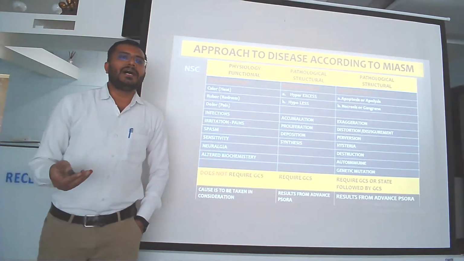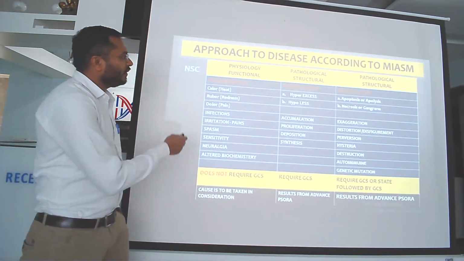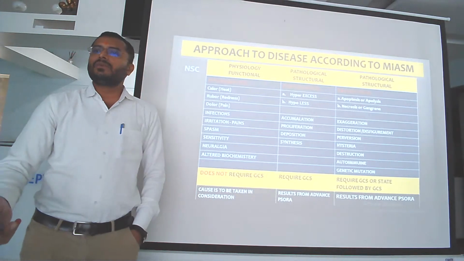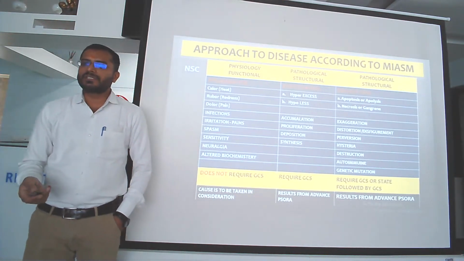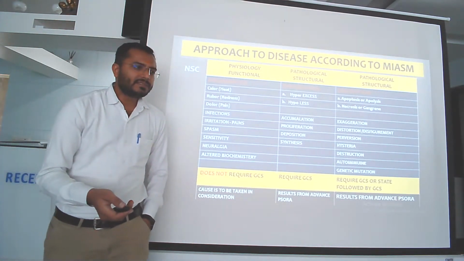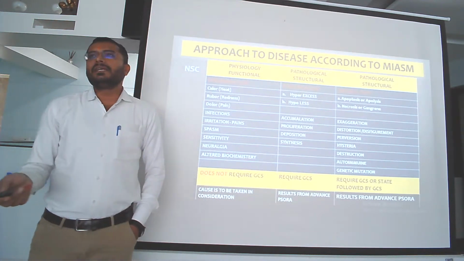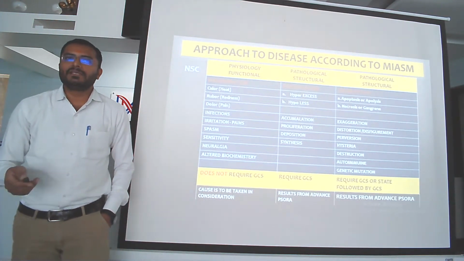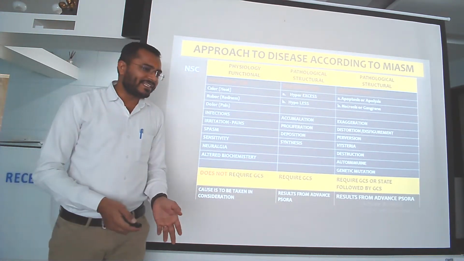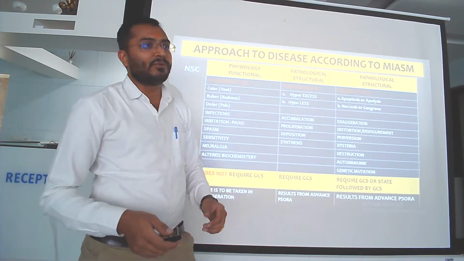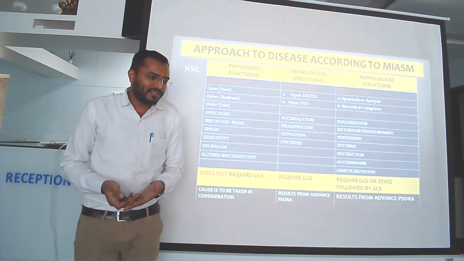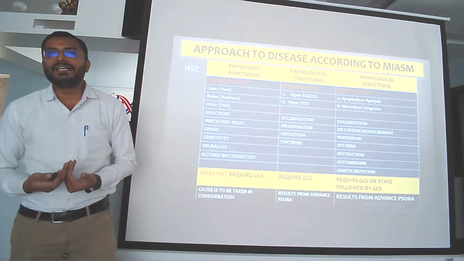So straight away, if we know this process, then we need to find out the cause. So straight away I asked, what has happened? She said, nothing has happened, nothing. As usual, all patients will tell that nothing has happened, because the patient doesn't know what we physicians need to ask.